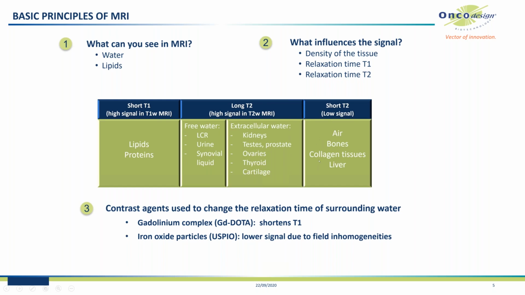So these organs are not very well seen in MRI. You can also use contrast agents to change the relaxation time. It could be a gadolinium complex like Dotarem, gadolinium DOTA, or iron oxide particles that will have a different way of action.